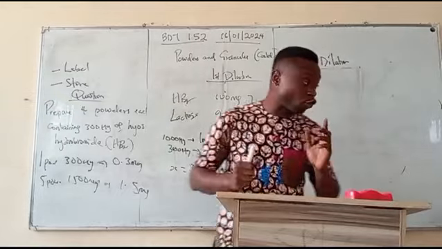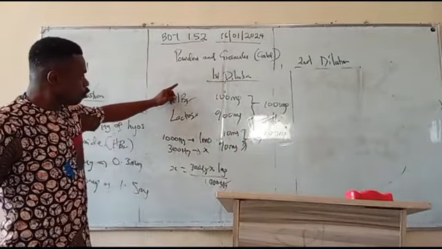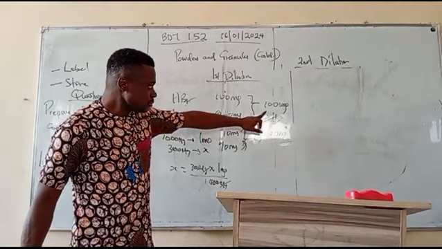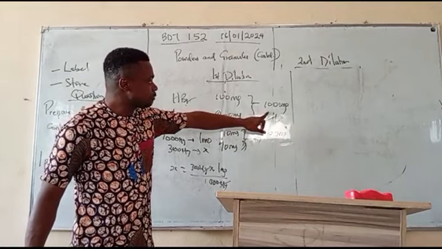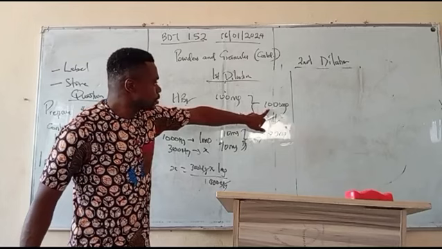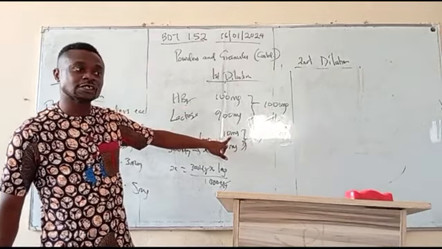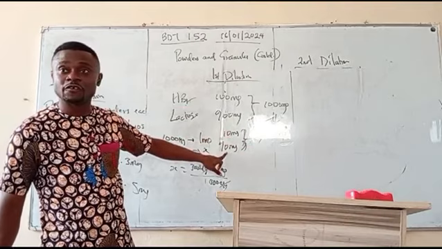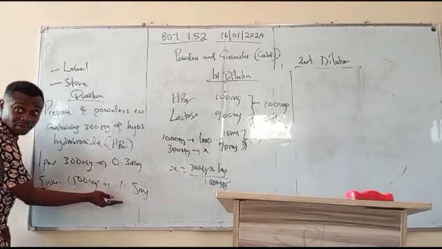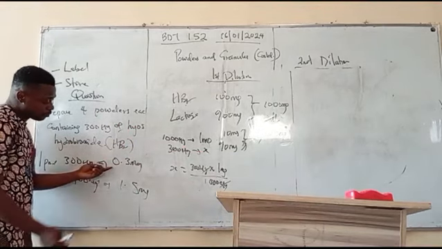Let's focus on 1 powder now. We got to this level where we say 100 milligram here contains 10 milligram of hyoscine and 90 milligram of the diluent.